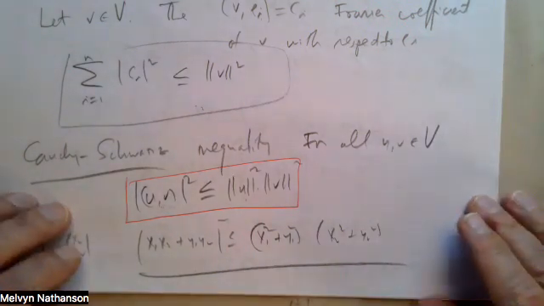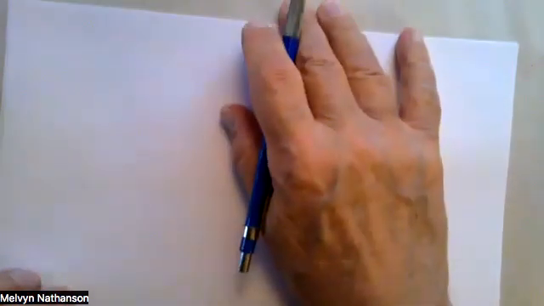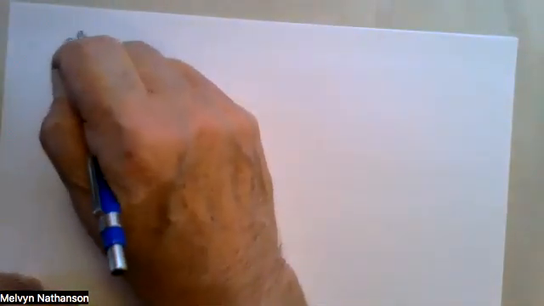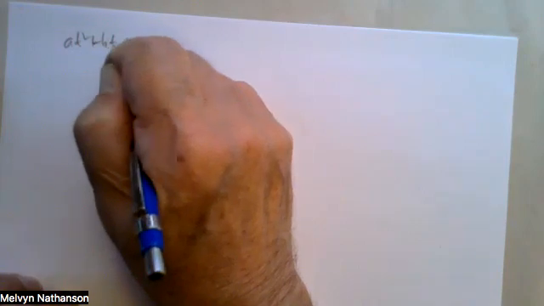So let me try to prove that. The proof uses some elementary facts from high school algebra, quadratic equations. So suppose we want to solve at squared plus bt plus c equals 0, a quadratic equation.